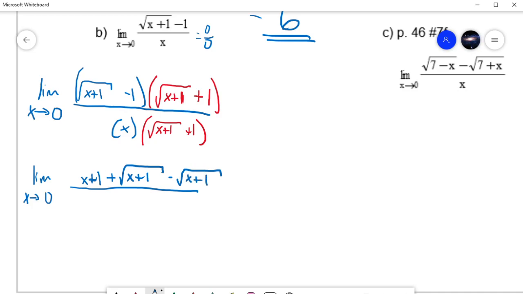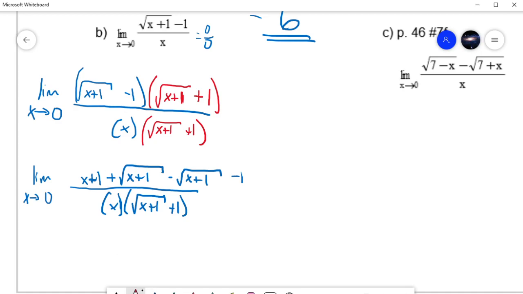Okay, next, so FOIL. We did first times first, outside times outside, inside times inside we're doing next. It's a negative 1 times this root, okay? And then last times last is simply minus 1. We don't really need a bracket up here. On the bottom, I'm not really interested in distributing this because, why would I want to distribute it? I'm just going to leave it factored and see if there's anything I can cancel.